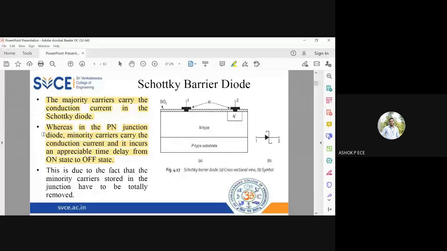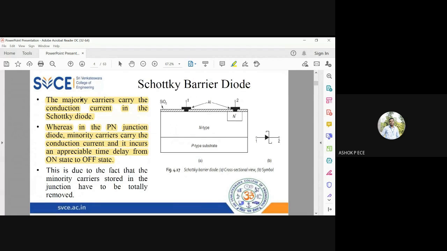Whereas in the PN junction diode, the minority carriers carry the conduction current, while the majority carriers are involved in drift and diffusion current. Here you don't have a PN junction layer, you have only a metal semiconductor layer. So you don't have the concept of drift and diffusion. You have only one conduction current because of majority carriers.